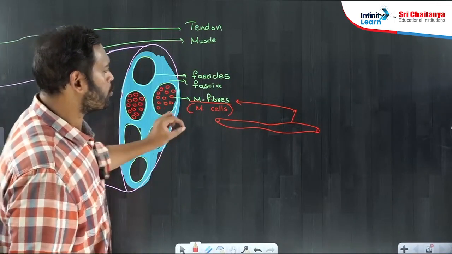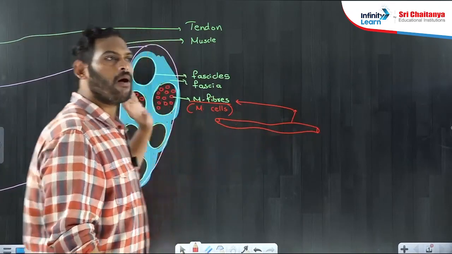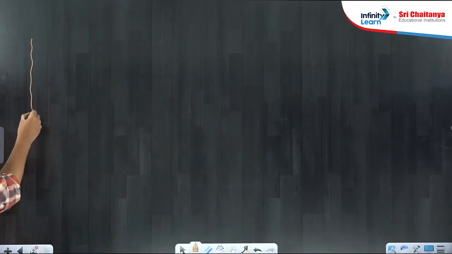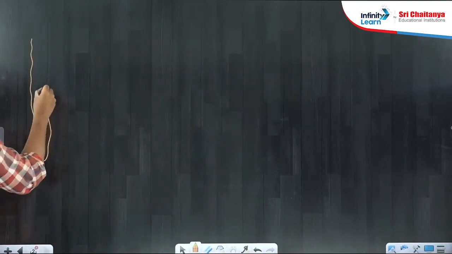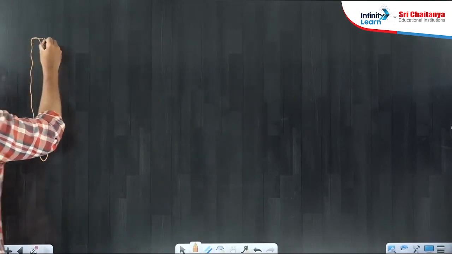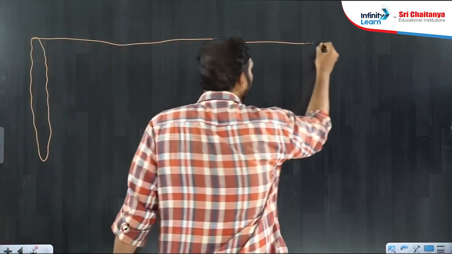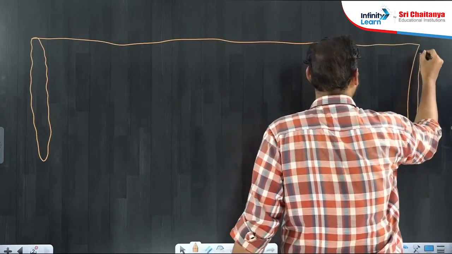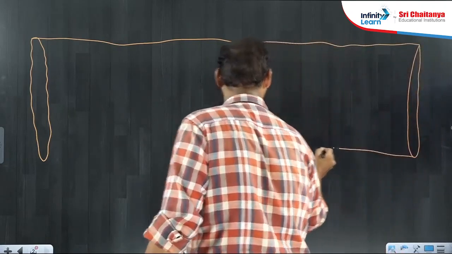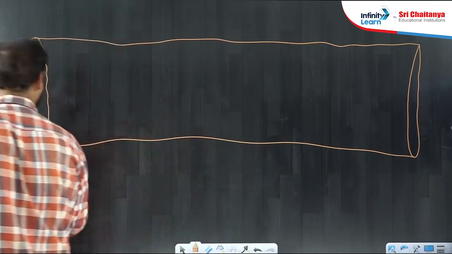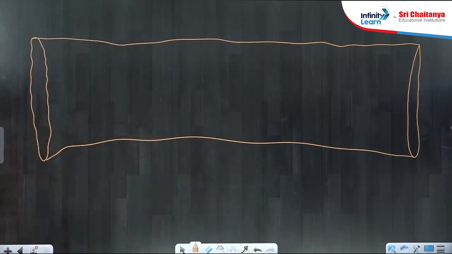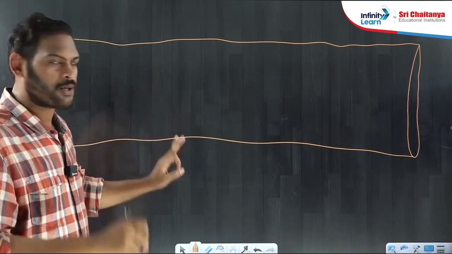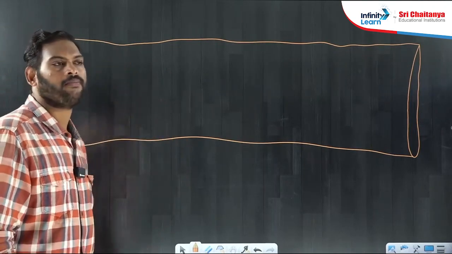Okay. So if we zoom into this muscle cell or muscle fiber, a single muscle fiber, it was cylindrical, elongated, with no branches, right? You guys remember this? A single muscle cell, no branches, elongated.